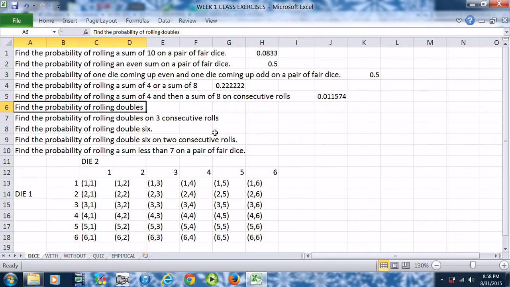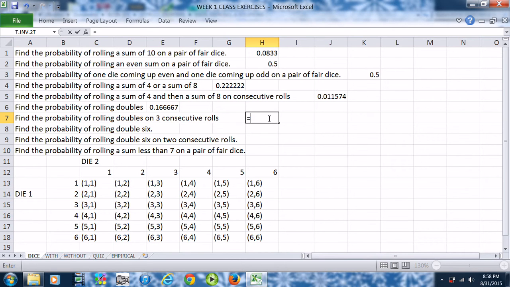Let's look at the probability of rolling doubles. To get doubles, you get double 1s, 2s, 3s, 4s, 5s, or 6s. So we can easily see that that equals 6 out of 36 ways, or 0.16667. The probability of rolling doubles on 3 consecutive rolls.